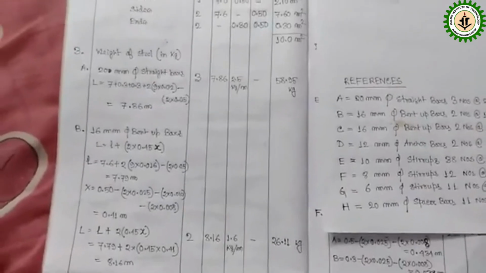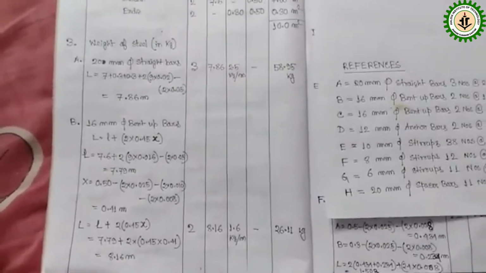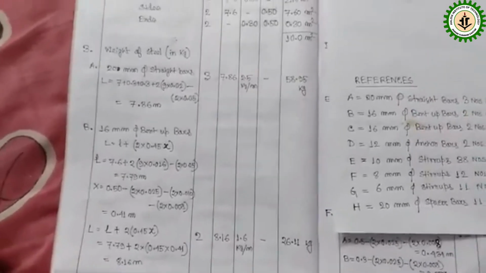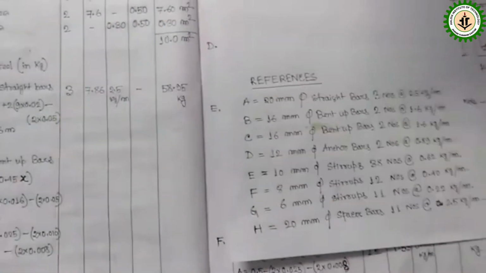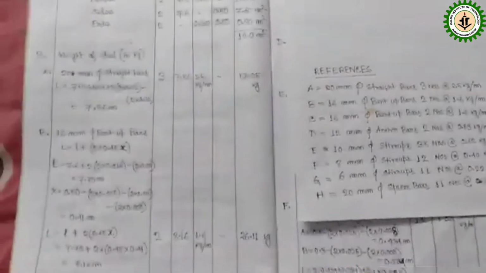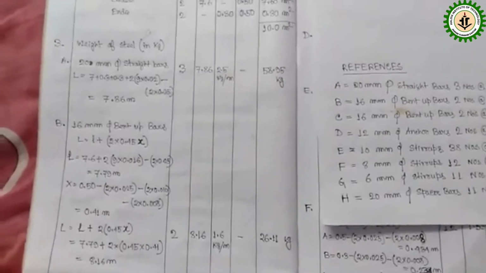So for x, first we have to take the total height of the beam, and that is 0.50 meter. Then we have to deduct the cover from both sides, 0.025 meter. So we have to deduct 2 into 0.025 from the total height.